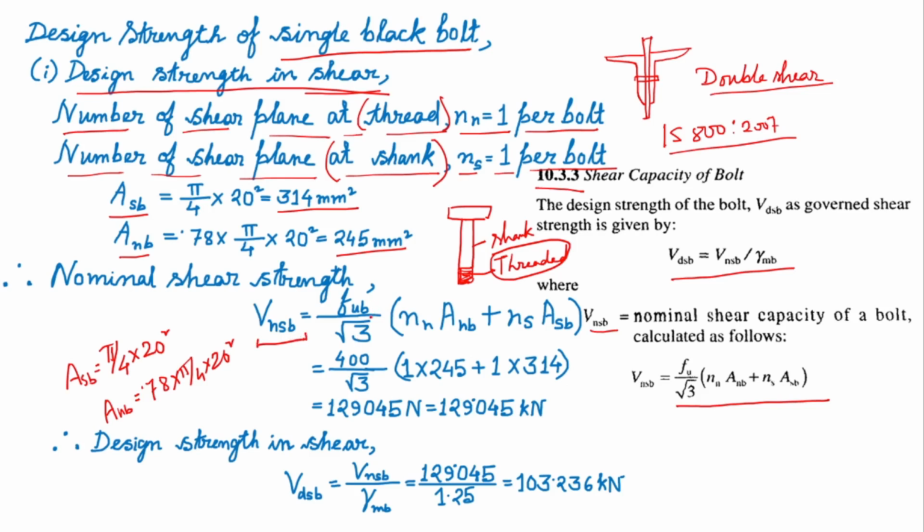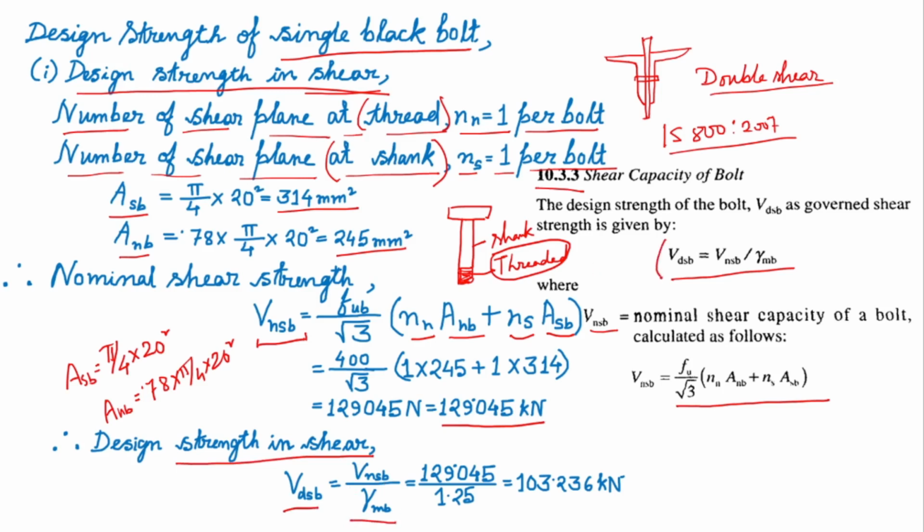So if I put the value of NN as 1, ANB as 245, NS equal to 1 and ASB as 314, we will get the nominal shear capacity or nominal shear strength of the bolt as 129.045 kilonewton. So design strength in shear will be VDSB equal VNSB by gamma MB.